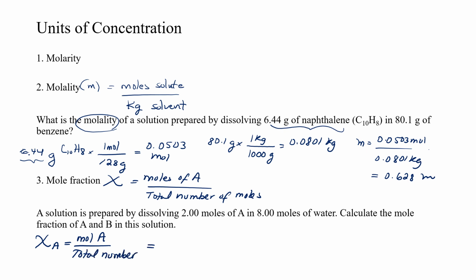The moles of A is given, that's 2. The total number of moles in this specific example, you have the solute and water, nothing else. Okay? So the total number of moles is going to be the addition of the moles of the solute plus the moles of the water that you have in your mixture. And that's it.